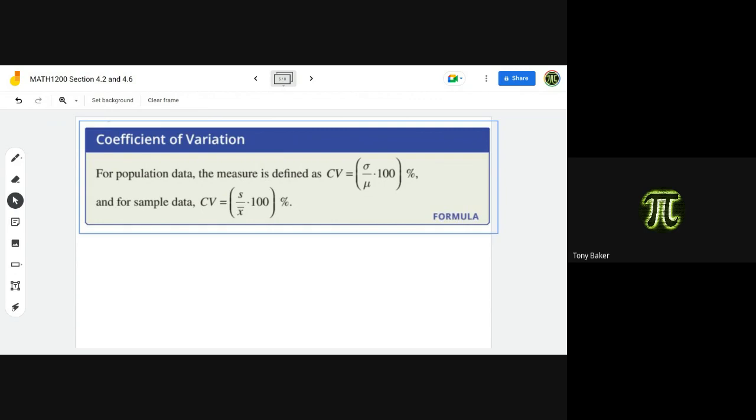CV is coefficient of variation. The sigma symbol is standard deviation. The mu is your mean.